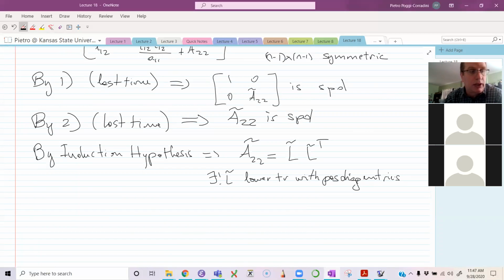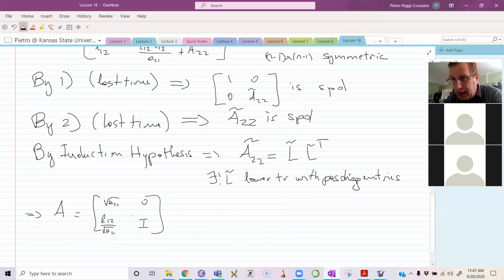All right, so now that means that A, let's go and rewrite A. So that was root A11, and then I had L12 over root A11, identity.